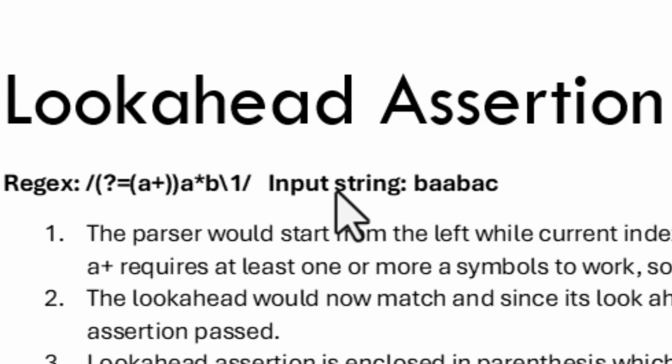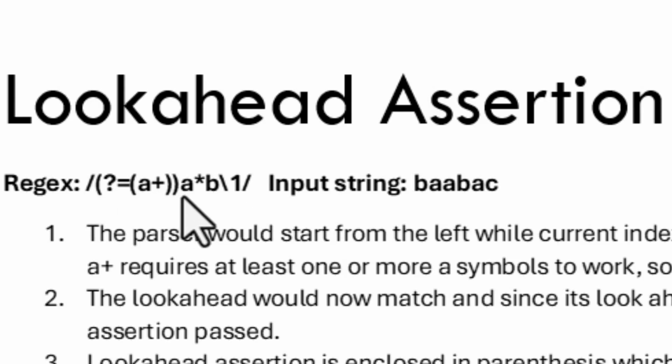So it would go to the next character at index 1, which is A, and restart. The lookahead now matches, and since it looked ahead greedily, it would find this A character which is also a match. So the lookahead assertion passed and the value of this captured group turned out to be AA, this one.